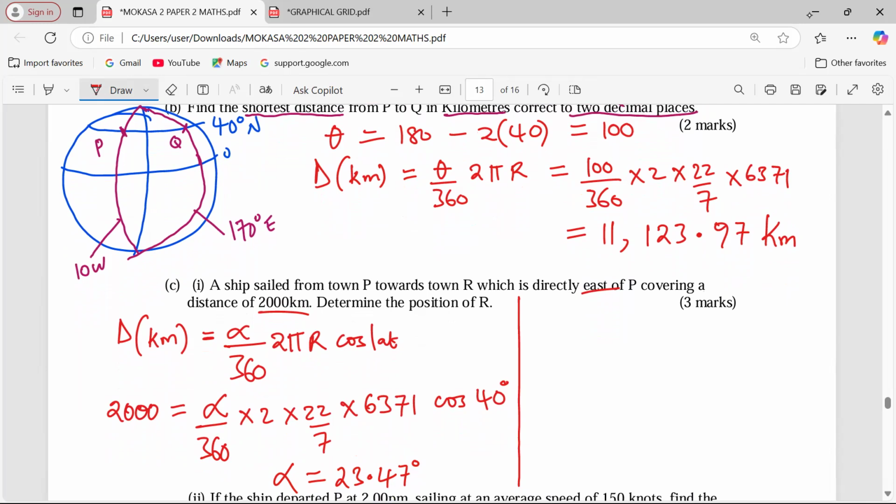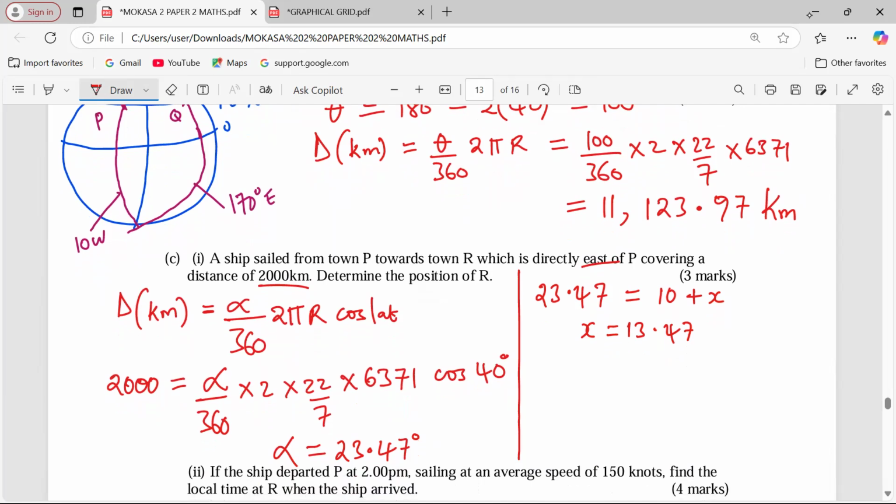So we are on the opposite side. That's why the angle difference of 23.47 has been gotten by 10 plus the known longitude of position R. So for us to get X, we subtract 10, giving 13.47. This is the longitude of R, and it is in the east.